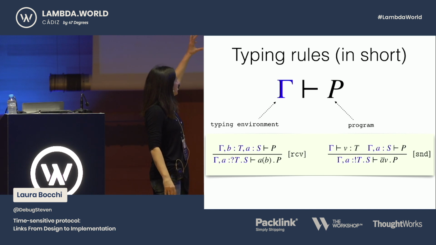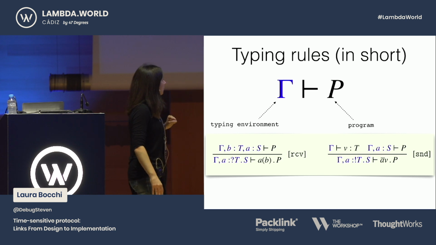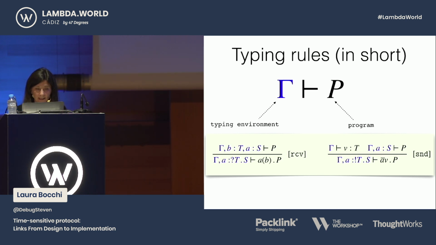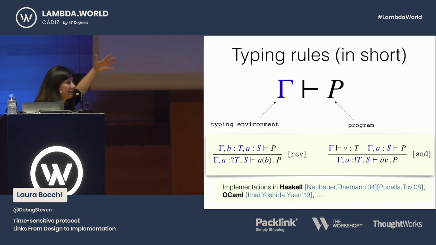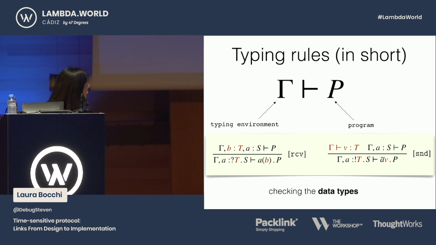You have a typing environment and a program, and then you have rules by which you compare a typing environment with a program. Here you can see the rule for the receive and send. There are implementations of these typing systems. There are several in the literature. This is a non-exhaustive list for Haskell and OCaml.